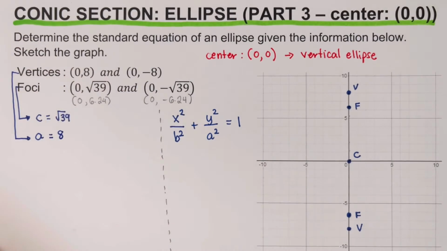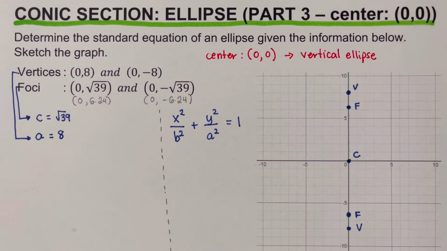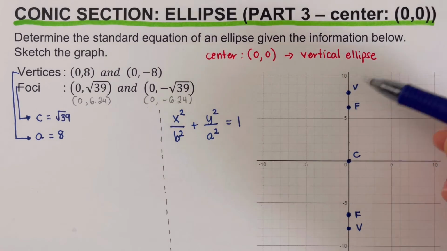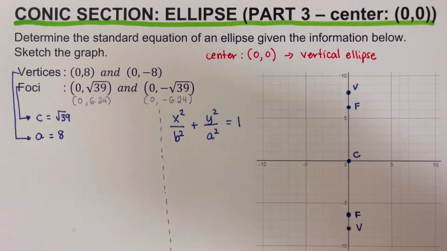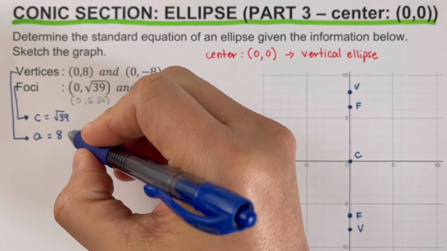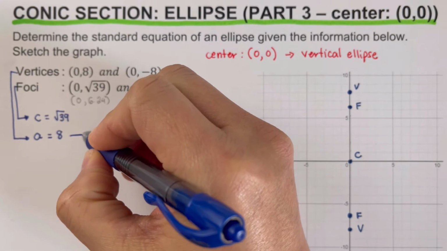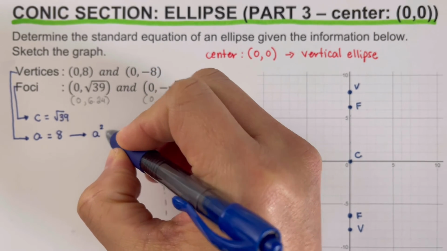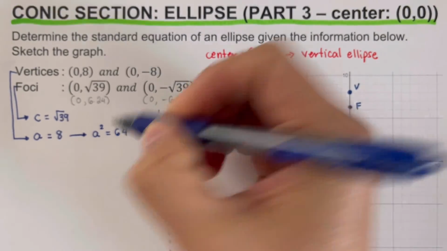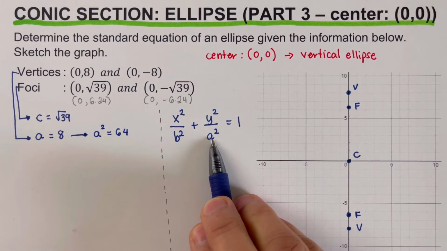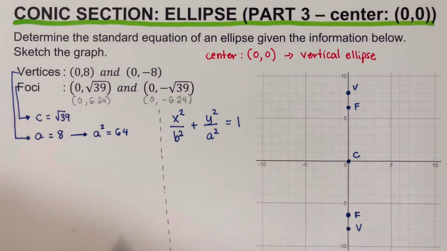We can use the distance formula to determine the distance between the center and the vertex, or we can just go ahead and count it. That is still the same. So we can say that a squared is equal to 64.